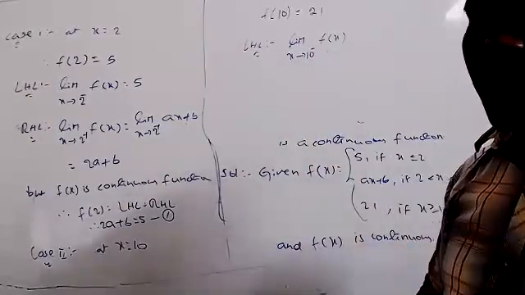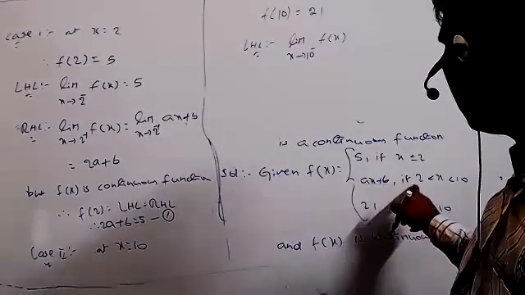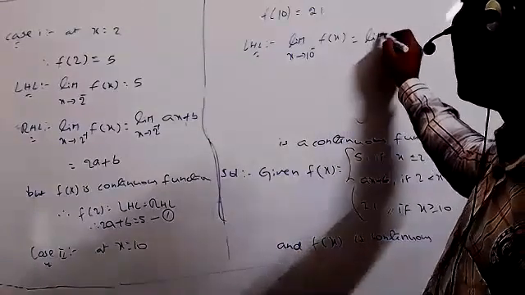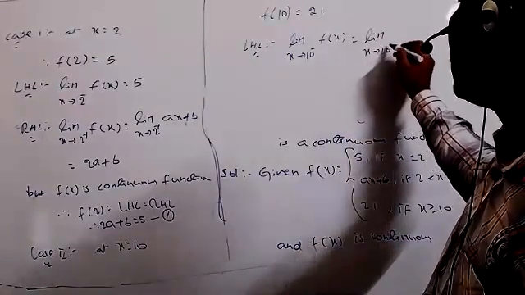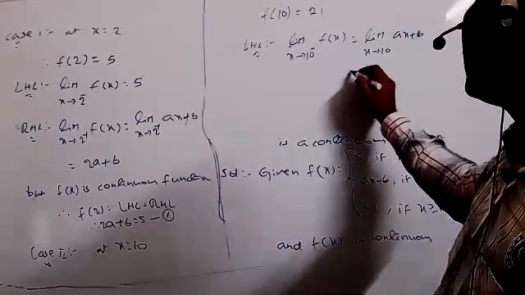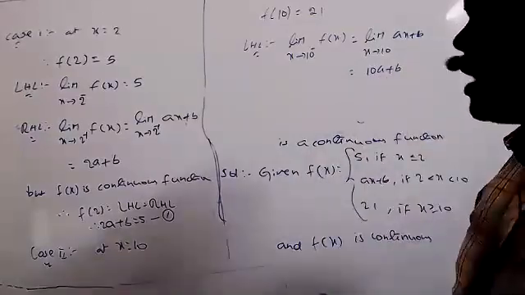When you are taking x less than 10, less than 10 means ax plus b. So limit x tends to 10 of ax plus b is equal to 10a plus b.